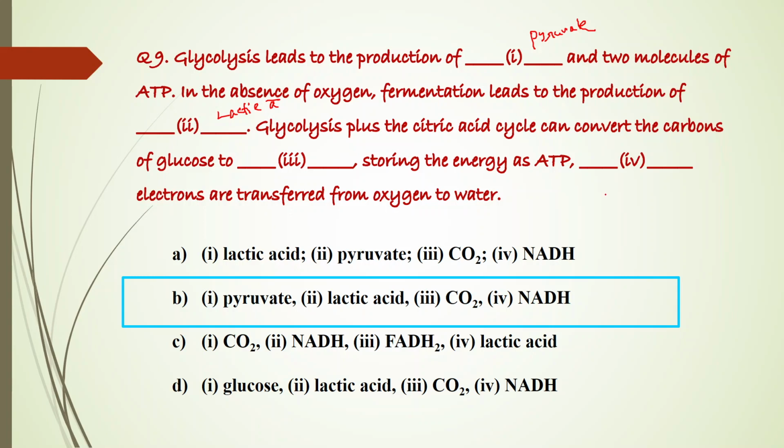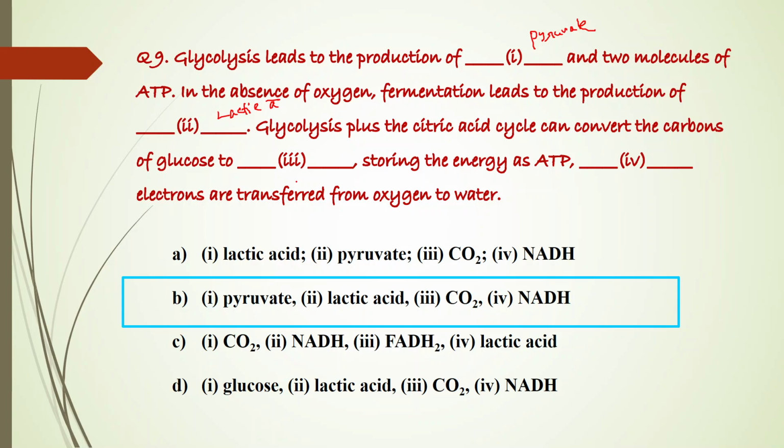But there are other 2 options. Let us see that. Third statement is glycolysis plus the citric acid cycle can convert the carbons of glucose to what? So in glycolysis we have pyruvate, and that pyruvate goes into the TCA cycle or Krebs cycle. And what do we get from Krebs cycle? CO2.